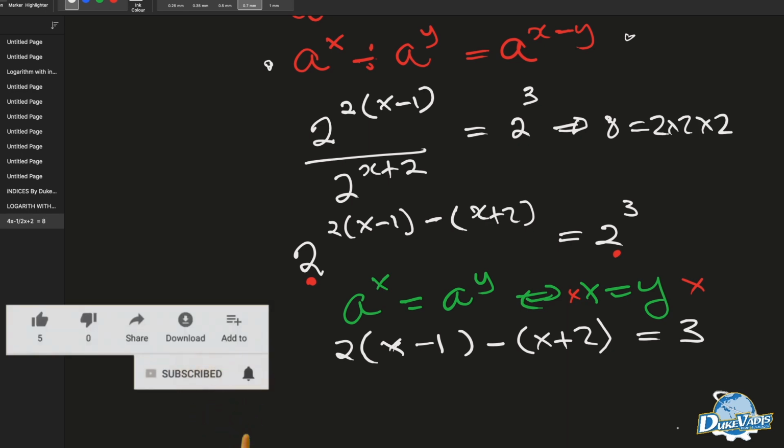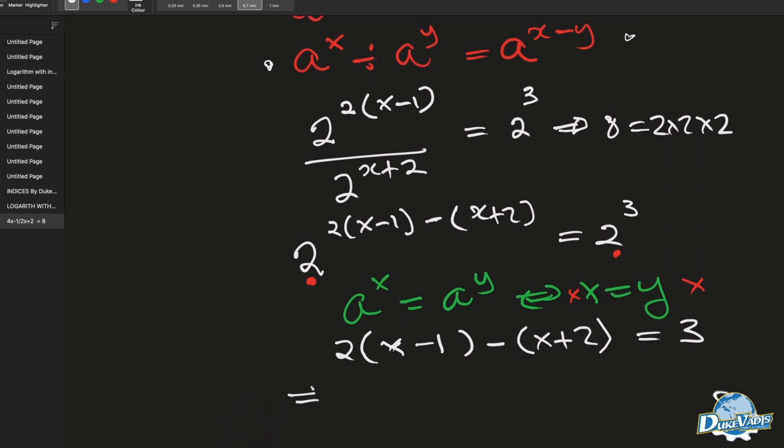Now, what do we do? We have to expand the equation. So let us expand. We have 2x minus 2 minus x minus 2 is equal to 3. If we have done our expansion correctly, we have 2x minus 2 minus x minus 2 equals 3.